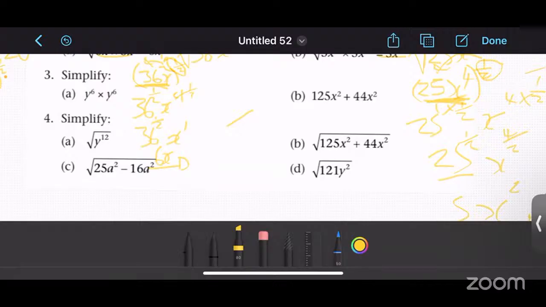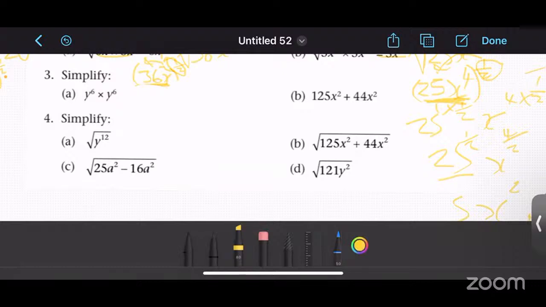Langeliche. A says square root of y to the power of 12. How are we going to simplify that? Ma'am, first we'll minus the 25 from the 16, ma'am. That answer will be 9, ma'am. Sorry, you're going to?